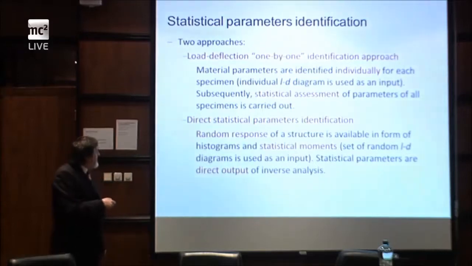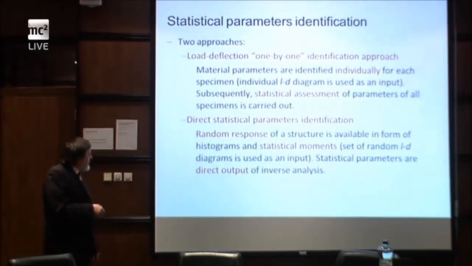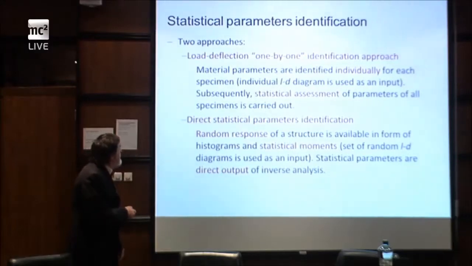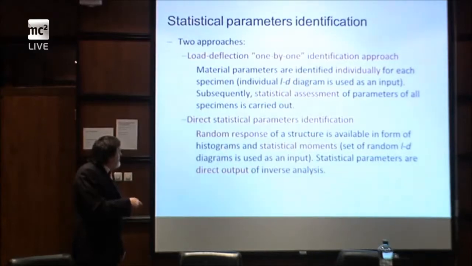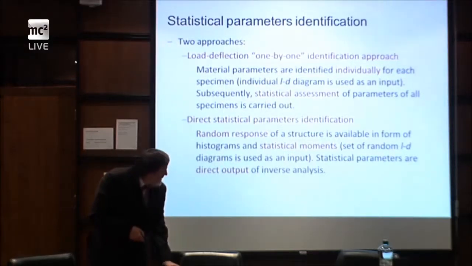There is another approach which we developed with my colleague, direct statistical parameters identification. Because a random response of a structure is available in the form of a histogram and statistical model. And then we go directly to identification from a statistical point of view, and the statistical parameters are a direct output of inverse analysis. I will speak about it later.